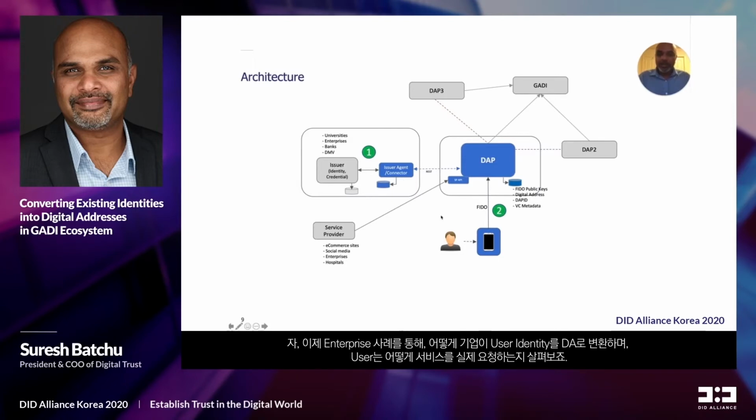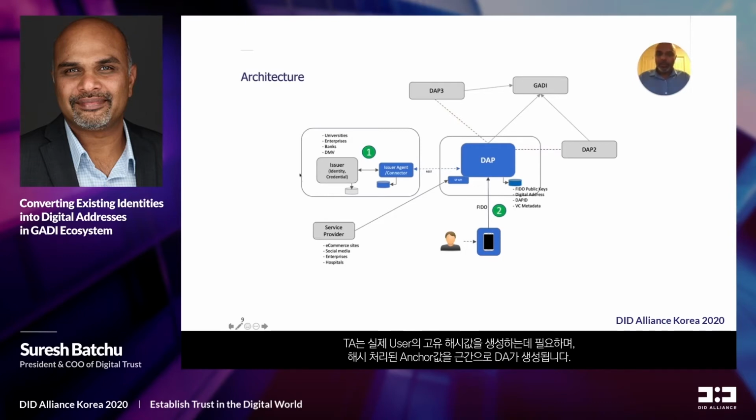Let's take a look at an enterprise use case, and how an enterprise can take their users and convert them into digital addresses that users can actually claim. All the enterprise identity is kept in either an HR system, a human resource system, or an identity provider like Microsoft AD or Okta. That information is stored in the HR system, and the IDP is good enough to take it and create the trust anchor.